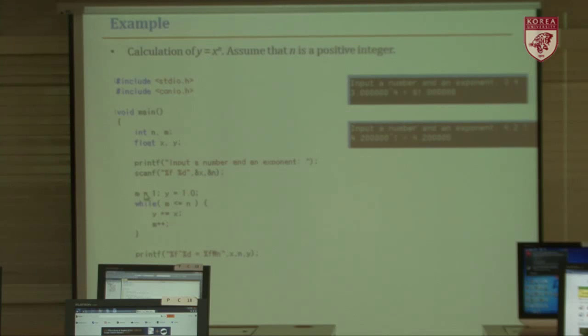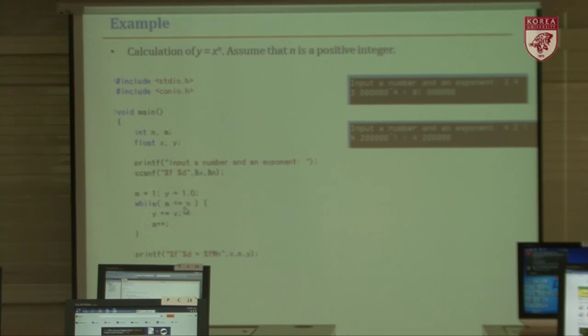In order to make n loops, I need some count. So I start from a count equal to 1 and y equal to 1.0. Then I repeat this while statement until the count is less than or equal to n. Okay? So at first, let's think of 3 to the 4th. x is 3 and n is 4.